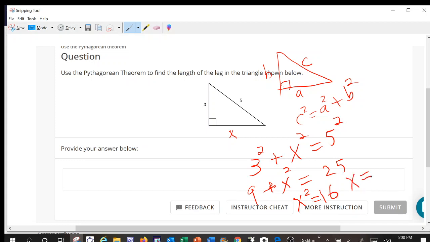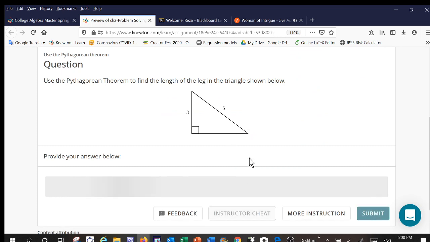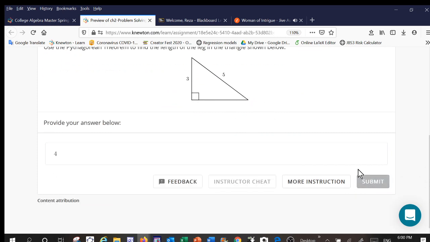So x has to be plus and minus 4. Take the square root of both sides here. But we don't care about the negative because this side cannot be negative 4. It has to be 4. Okay, so that's the answer.